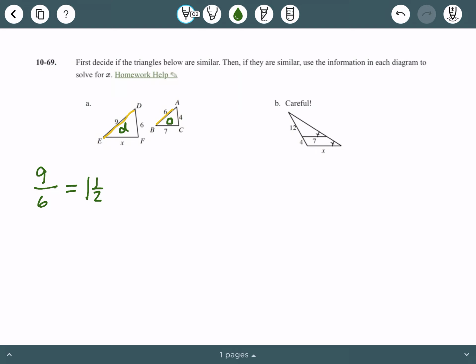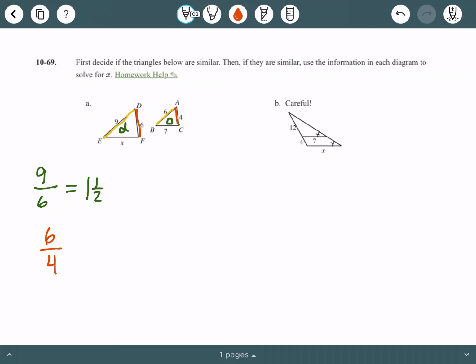Now let's take a look at another corresponding side here. So we do have this 6 and this 4 as well. So the 6 and the 4, we're going to do dilated over original again, so 6 over 4.